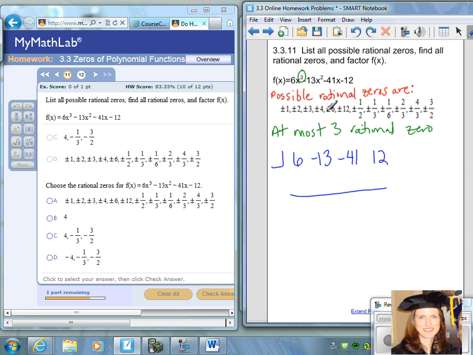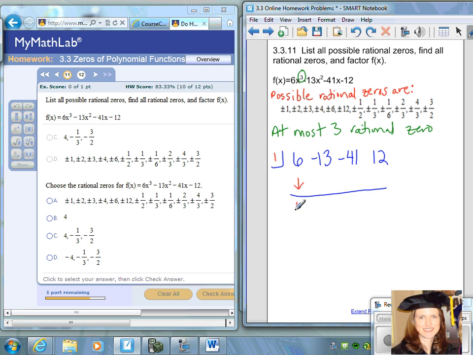Now if you try positive 1, for example, in this setup, if we end up with a remainder of 0 here, then we could say 1 is a zero of the function.